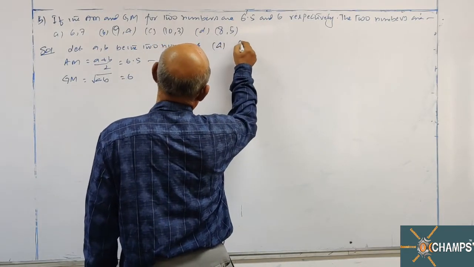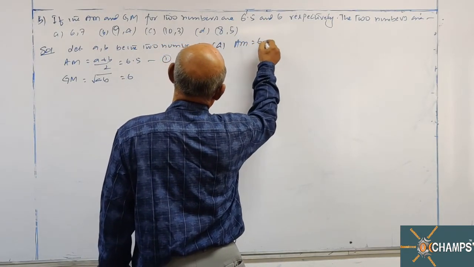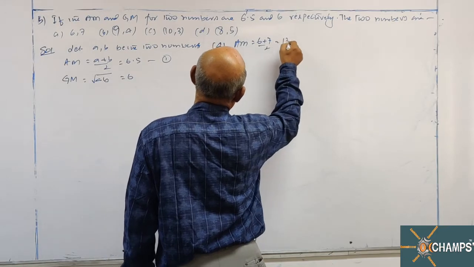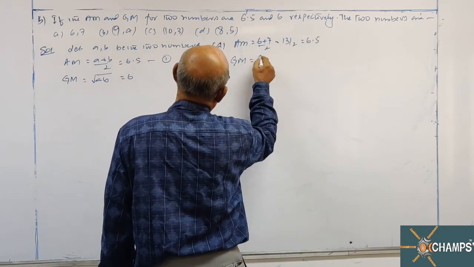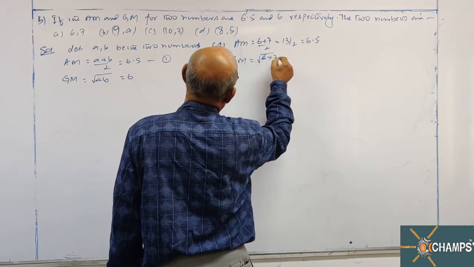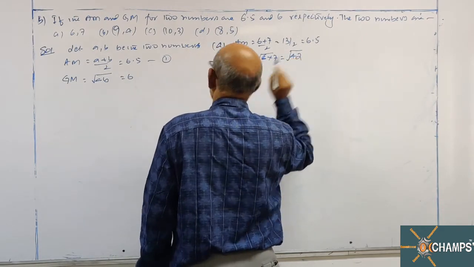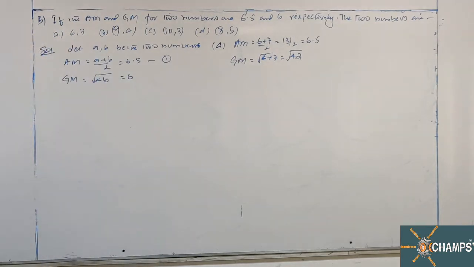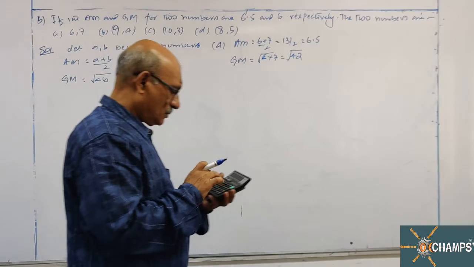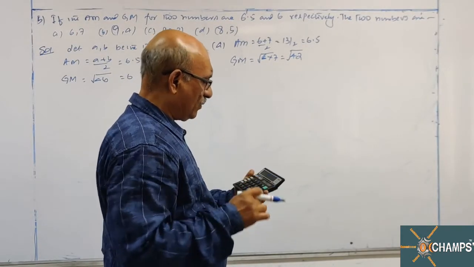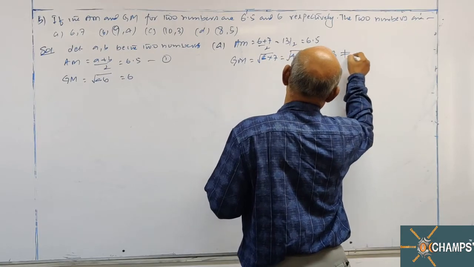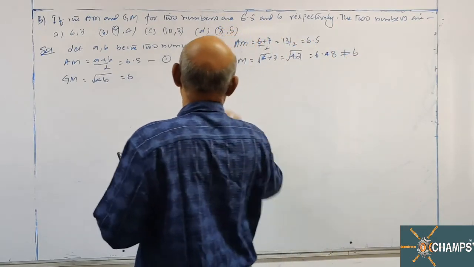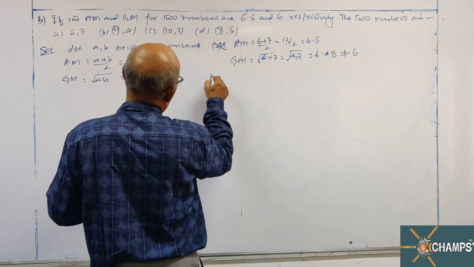Option A: arithmetic mean 6 plus 7 divided by 2, 13 by 2, 6.5. Geometric mean is root of 6 into 7, root 42, under root 6.48. This is not equal to 6.